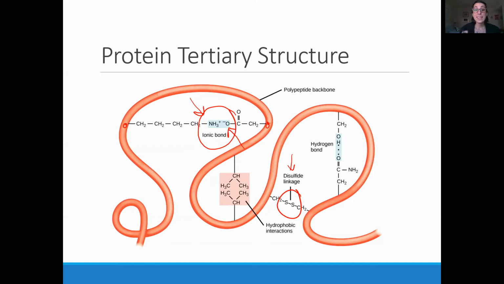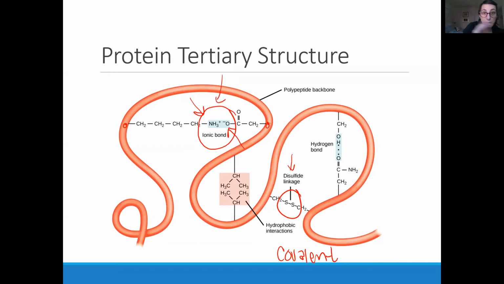When you have a cysteine amino acid, which remember has an R group that is this SH, so this is the R group of cysteine, two cysteines can end up forming a covalent bond with each other. So disulfide linkages are special in that they are a covalent bond.